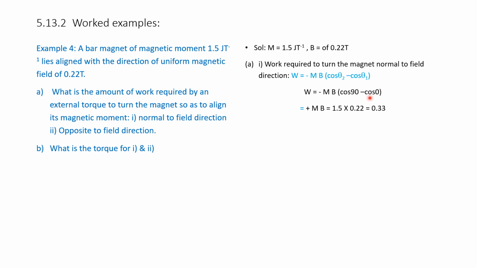Cos 0 is 1, cos 90 is 0, so 0 minus 1, and minus into minus becomes plus. So the work done is mB = 1.5 × 0.22, which is equal to 0.33 joules.